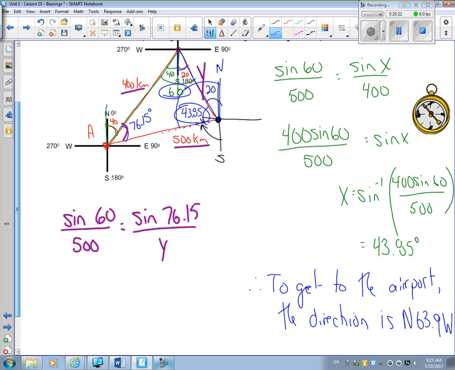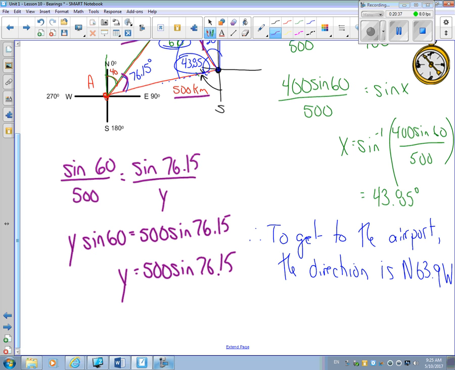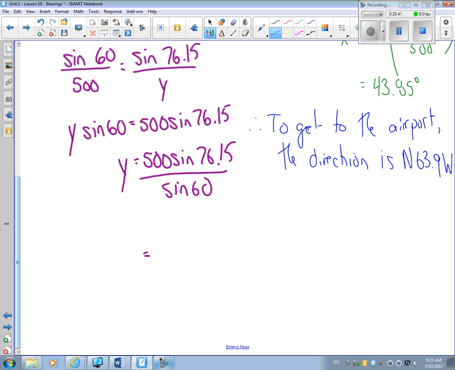They all come with the same answer. Okay, I got y sine 60 equals 500 sine 76.15 divided out. And put into our calculator, and you should get 561 kilometers.